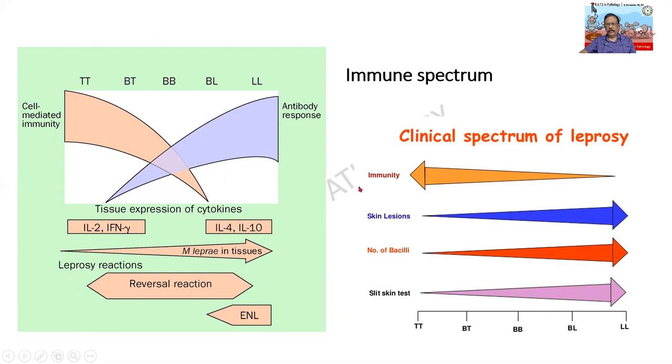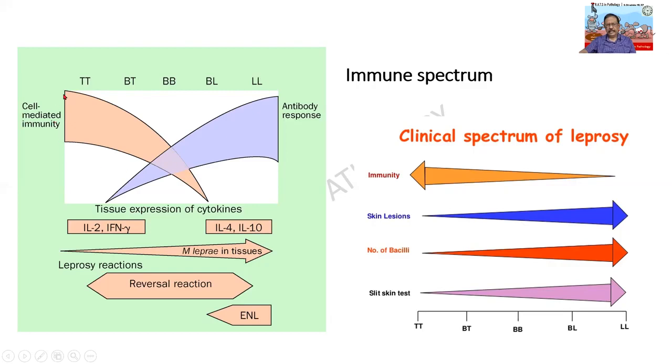It is more of a disease of immunity rather than infection by itself. What happens is there is a spectrum. Anybody who is affected by leprosy does not develop the same manifestation as another. At one end, I have what is called tuberculoid leprosy, and at the other end, there is lepromatous leprosy.